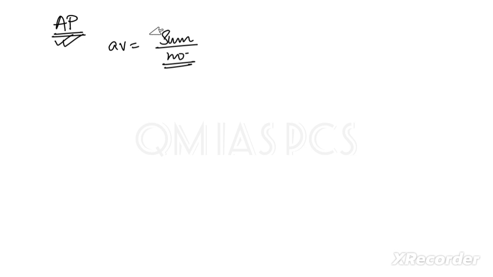So here we have to use the sum. How can you find the sum? The simple sum formula was n by 2 (2a plus (n minus 1) d). Now what is n, what is a, what is d?